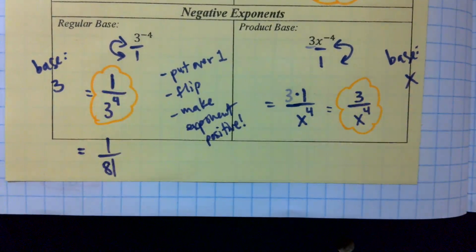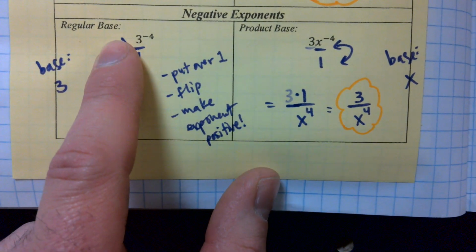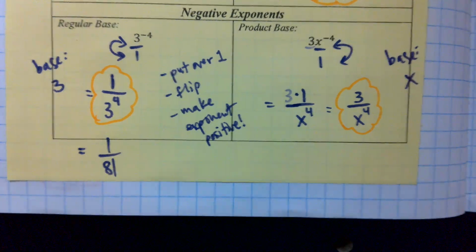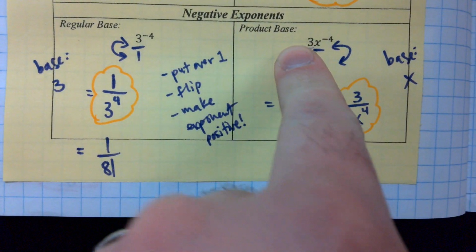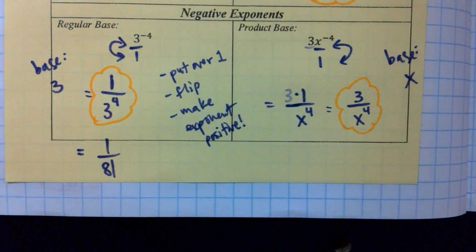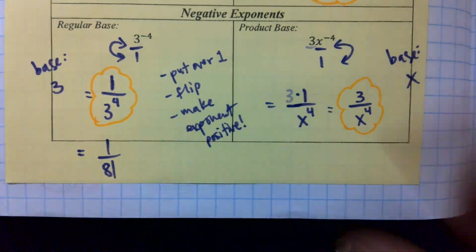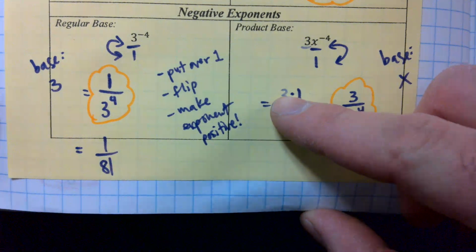But what's on the top is different, right? I did not have a coefficient with my regular base, so there's just a 1 up there. But I did have a coefficient on my product base. When I have a coefficient, I treat it like a completely separate part of the problem that I just add in later on the end, which is exactly what we did.